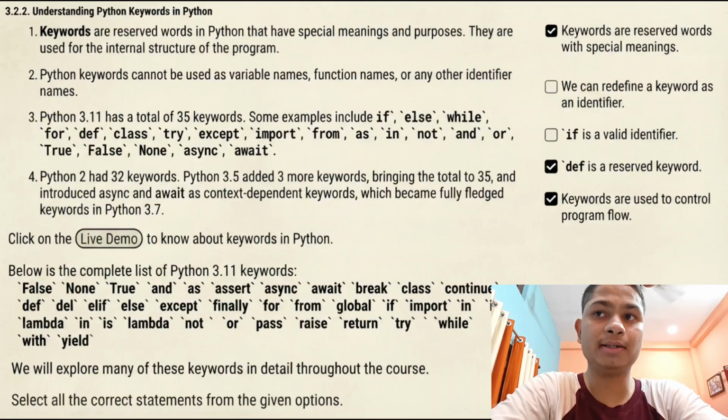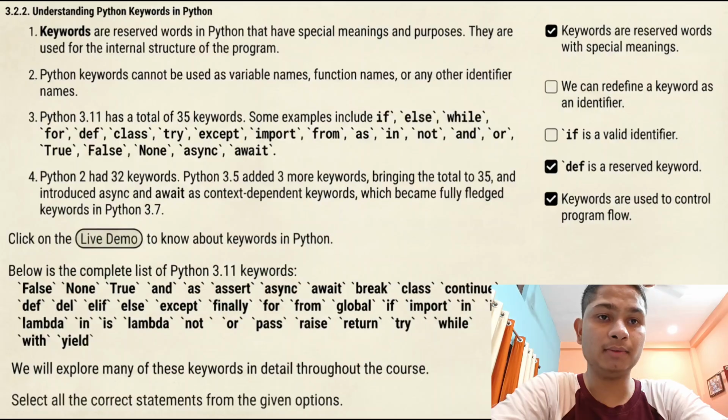The note point is that Python 3 introduced async and await as context-dependent keywords, and their use as identifiers was deprecated in Python 3.7. Async and await were added as keywords, resulting in a total of 35 keywords in Python 3.7.